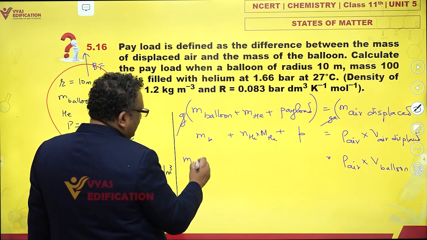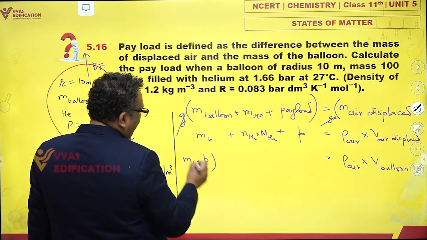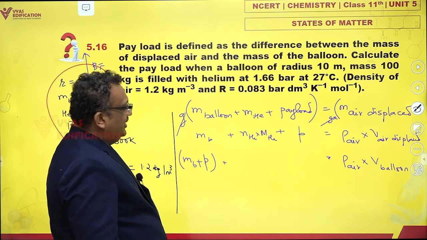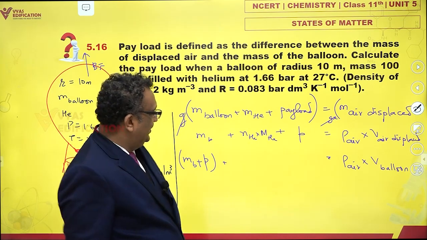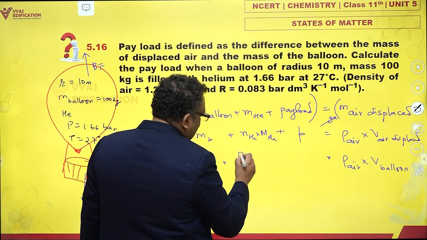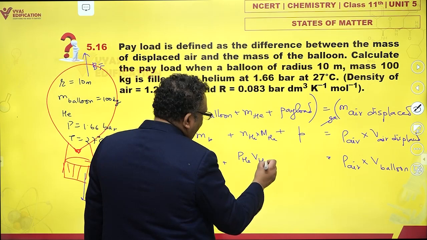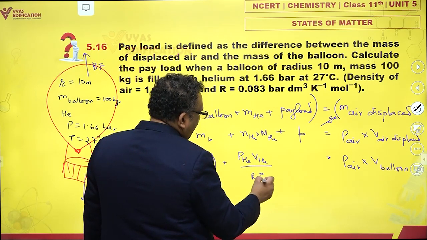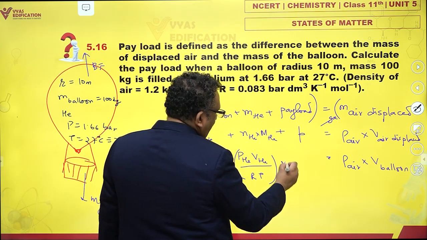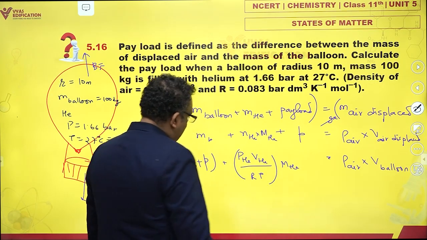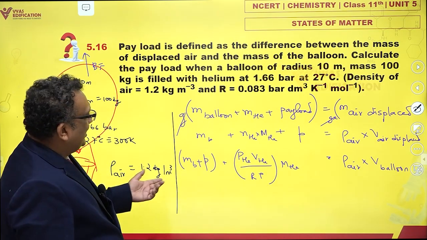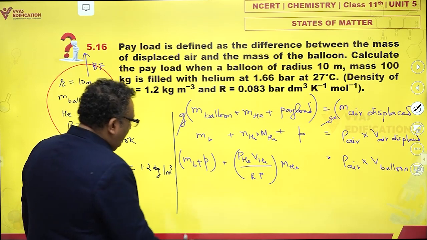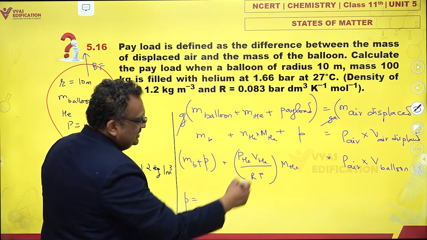Mass of balloon plus payload, they stay where they are. n is PV by RT. This is pressure of helium into volume of helium by RT into molar mass of helium. This is so much. Can I calculate payload? Yeah. Payload P will be equal to all this dirt.